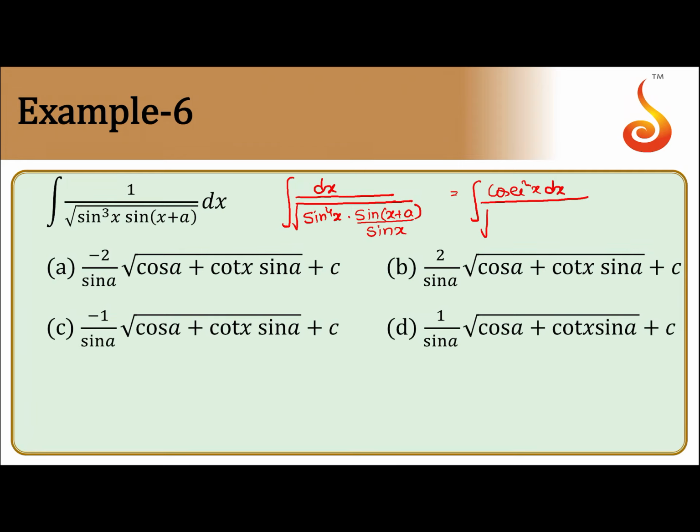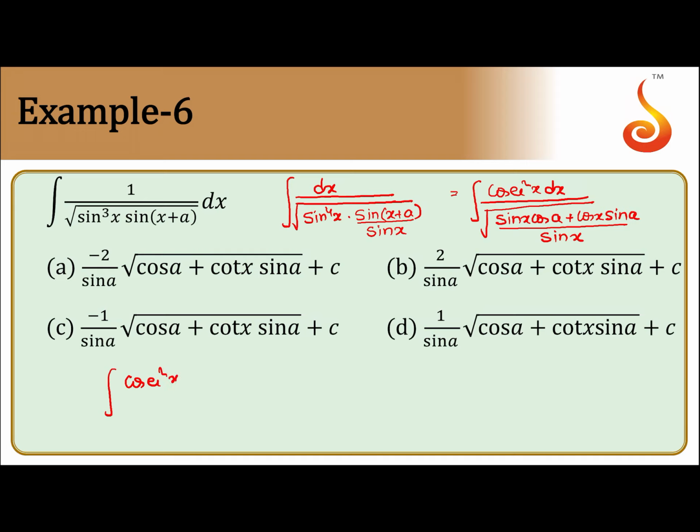dx by sine x plus a, we expand it. When we expand, we get sine x cos a plus cos x sine a divided by sine x. So what we are getting next step?